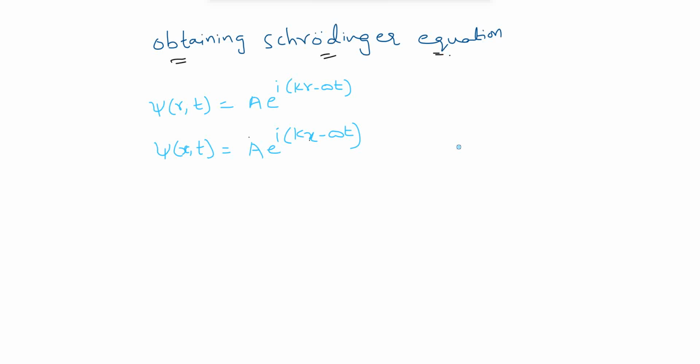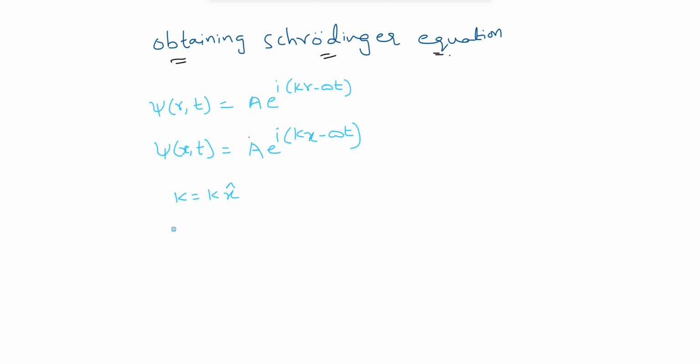Now here we have k and omega. k is the wave vector. As it is a vector moving along the x direction, I am taking x cap to denote the same direction along the x axis.